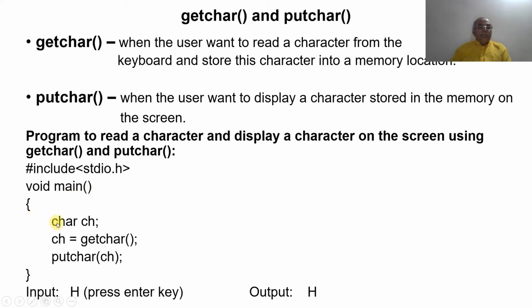We declare a char variable, ch, which is a character. Then ch equals getchar, and then putchar of ch. If we give the input h and press the enter key, the output will be given as h by putchar. Let us see how we use this in our C program.